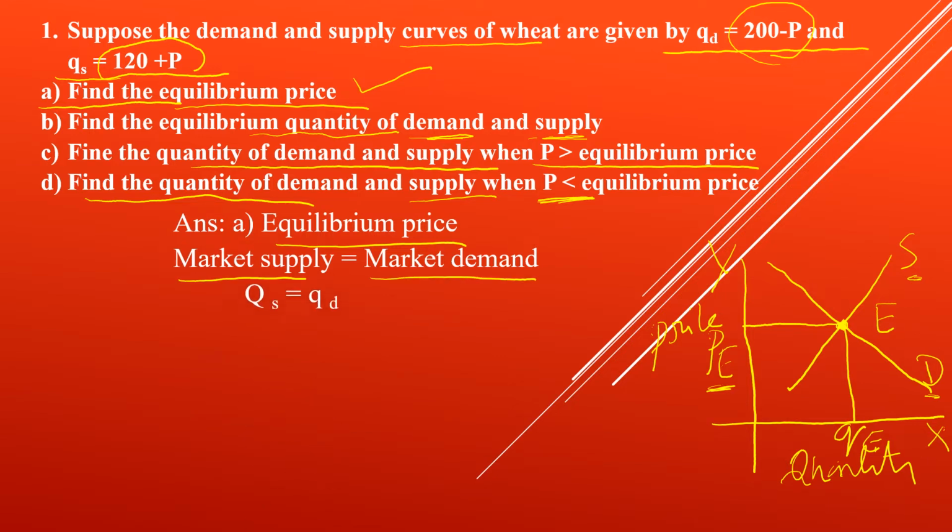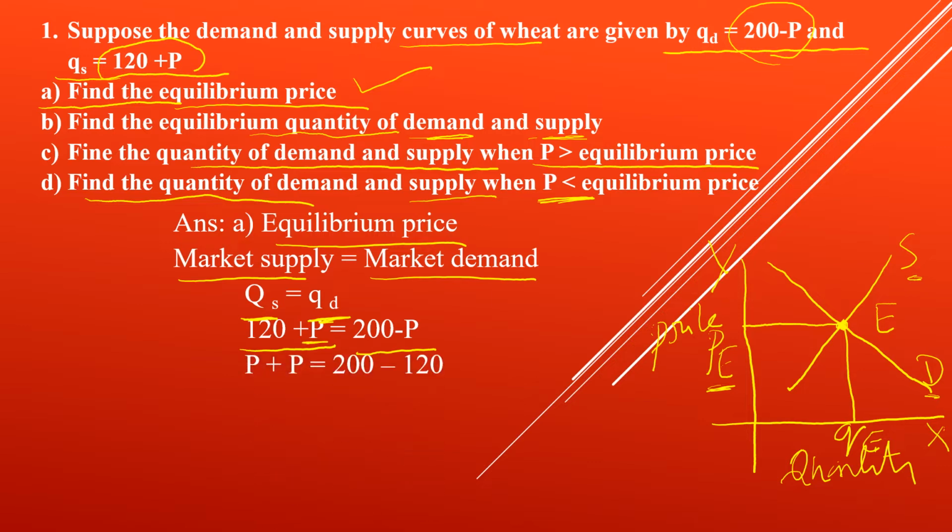What is the equation given for quantity supplied and quantity demanded? According to the problem, 120 plus P is the quantity supplied, 200 minus P is the quantity demanded. And solve this equation.